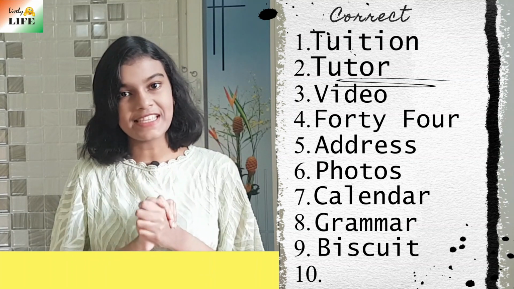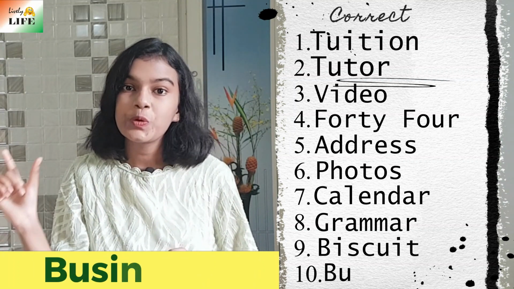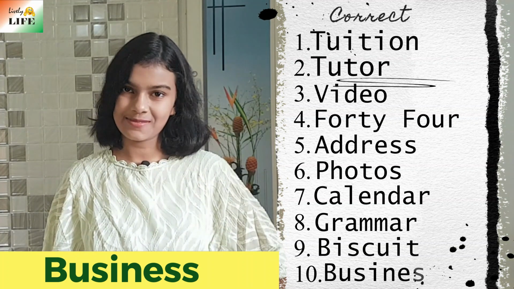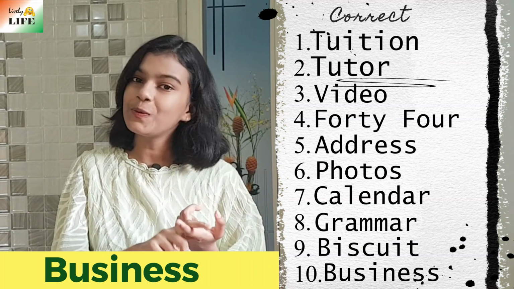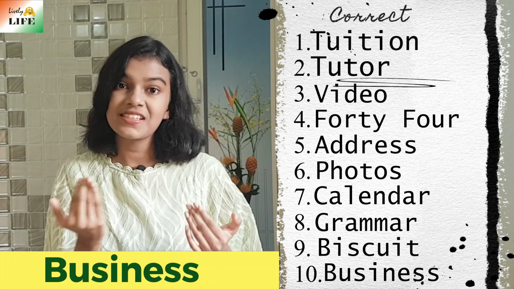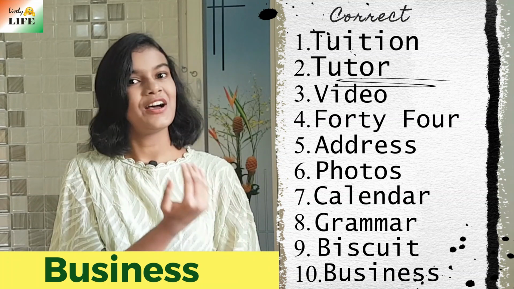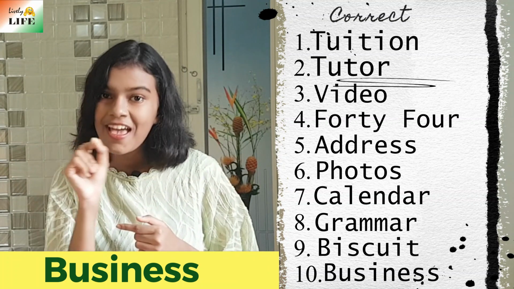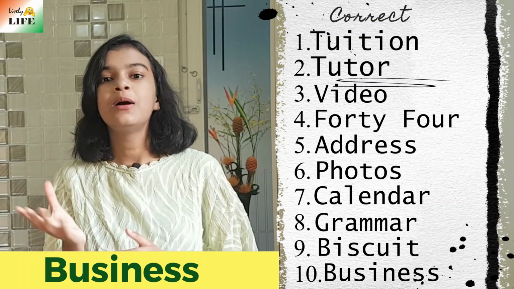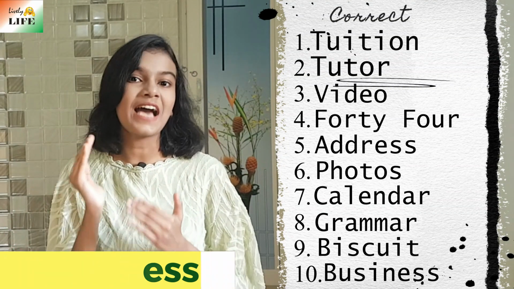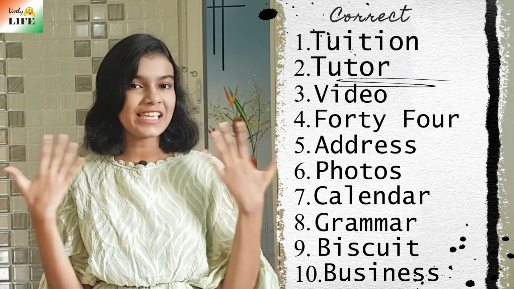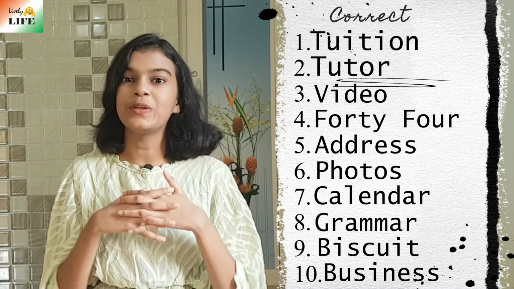The correct spelling is B-U-S-I-N-E-S-S. We need to add a U and I. There is a small I. We do not naturally pronounce that I, but it is there. Business. So these are the 10 words that we learned today.